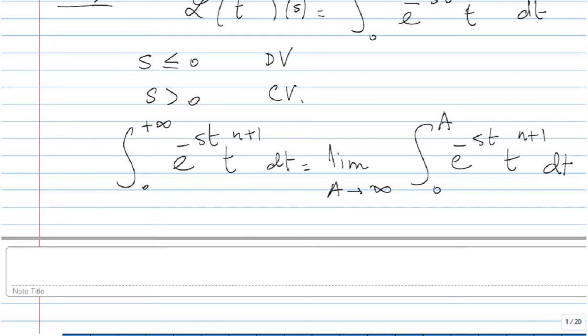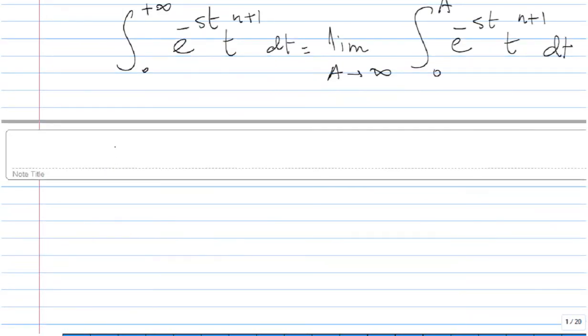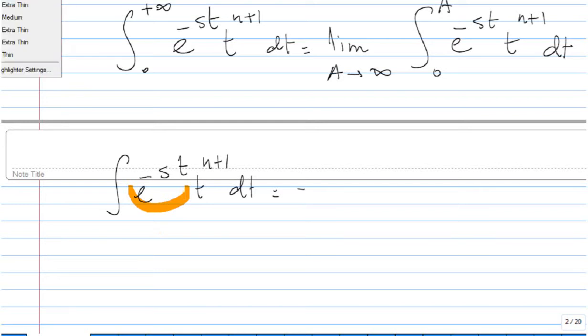So we are going to use the antiderivative. Here I have to find the integral of e^(-st) t^(n+1) dt, and for that we're going to do an integration by parts. We're going to integrate this one, and we are going to differentiate this one.